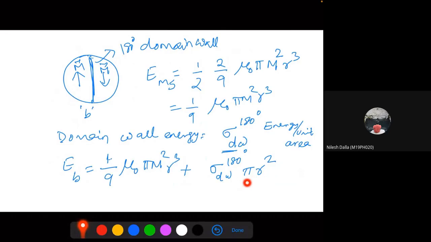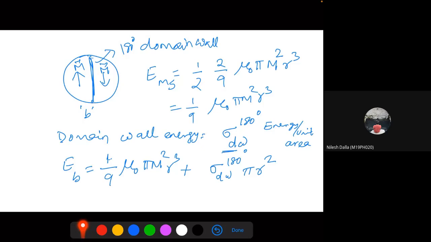And so you can compare the energies of a single domain state and a multi-domain state, and you can arrive at a critical radius RC.